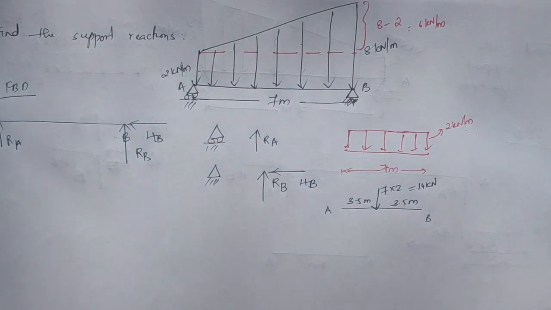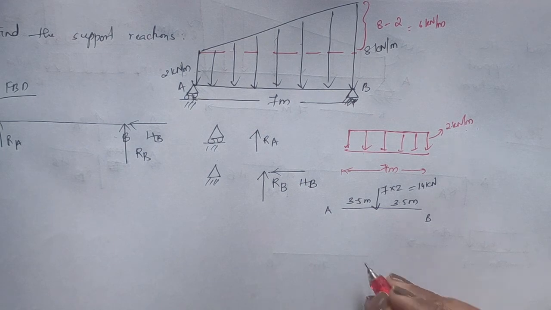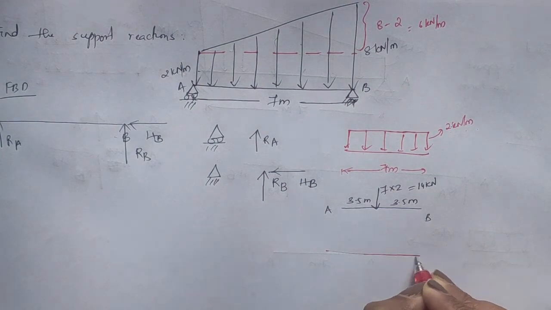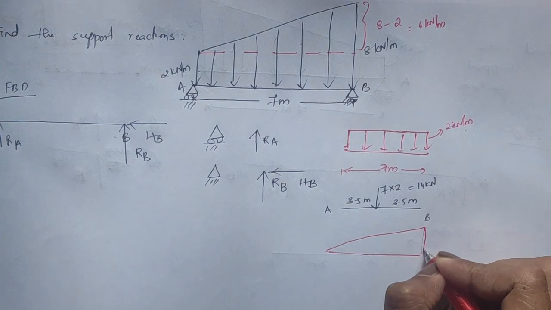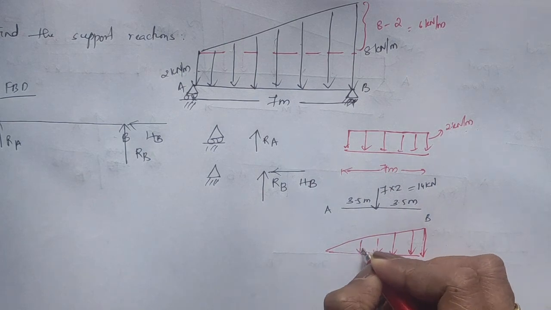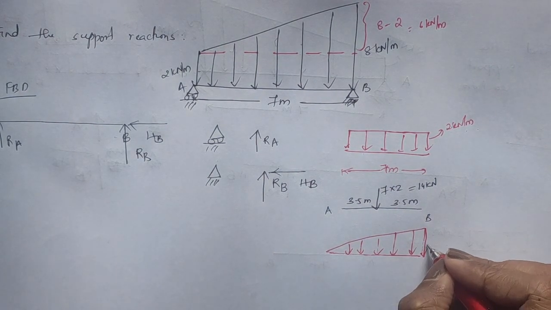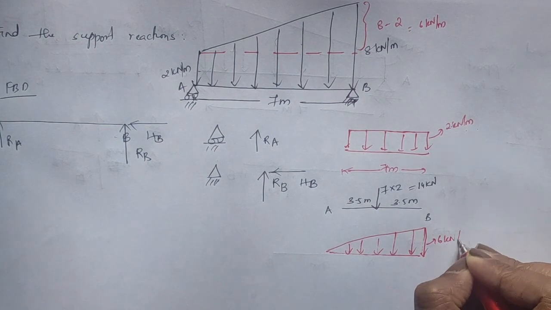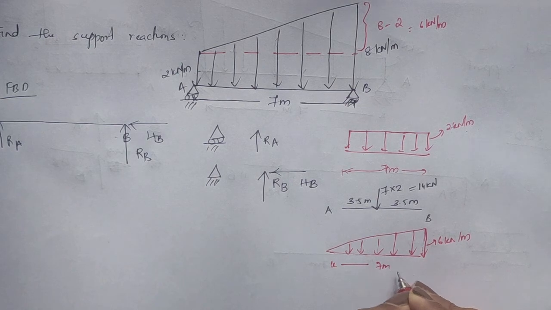Next I'll note down this triangular load again here. This is the triangular load that I have, this height is 6 kilonewton per meter, and this is 7 meter.